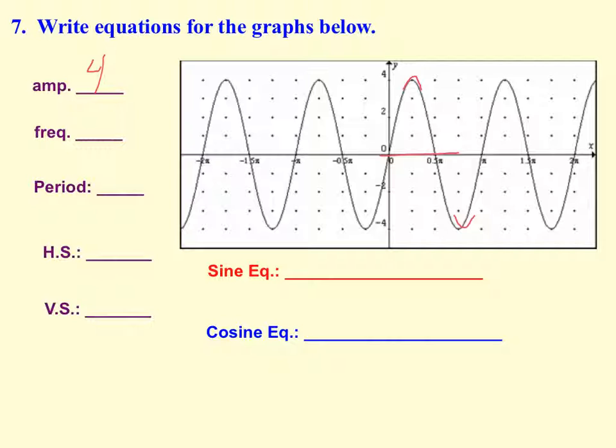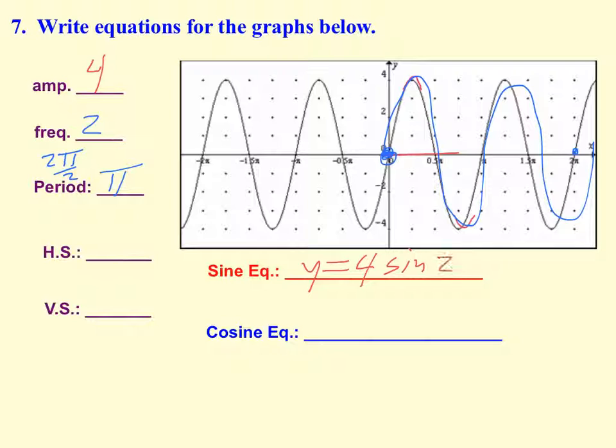From x is 0 over to 2 pi, I see there are 2 cycles, and so there's a frequency of 2. And remember, period is 2 pi over frequency, so our period here is pi. And so that gives us a sine equation of y equals 4 sine of 2x.